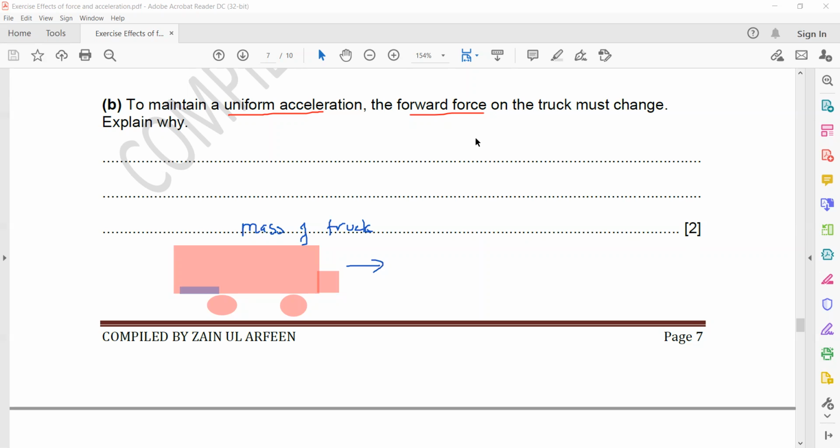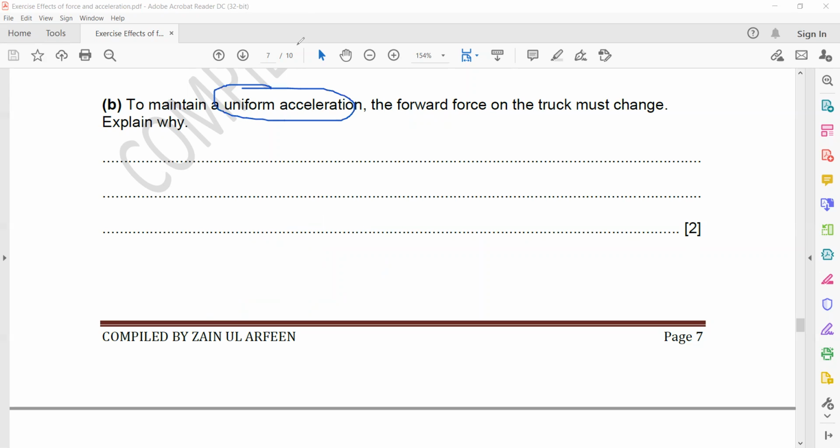So in the question, they are saying we want a uniform acceleration. Uniform acceleration means constant acceleration, so we need a constant resultant force.